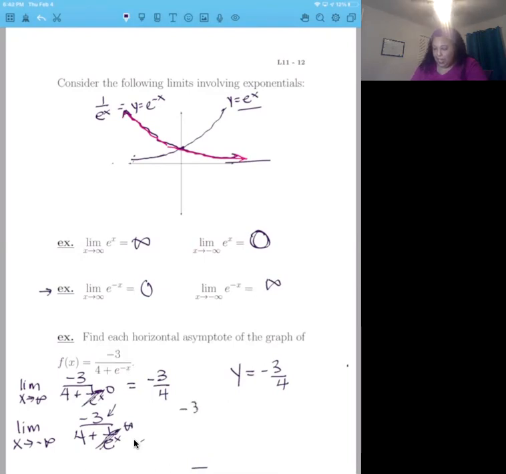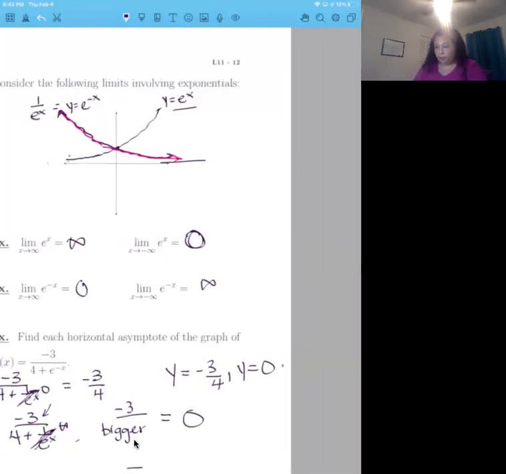So I get a -3 over something that's getting bigger and bigger. What does that mean? That means that limit is 0. So we have two horizontal asymptotes. One as it goes to positive infinity is -3/4, and one as it goes to negative infinity, which is 0.